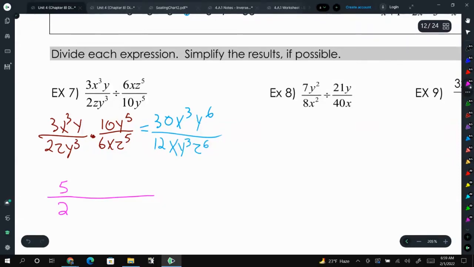Our x's, we have x to the third over x to the first, so that becomes x squared. Y to the sixth over y to the third becomes y to the third on top. And then z to the sixth stays in the denominator because we have no z's in the numerator.